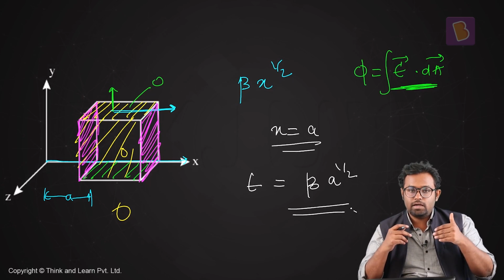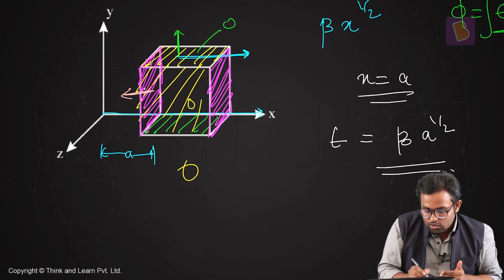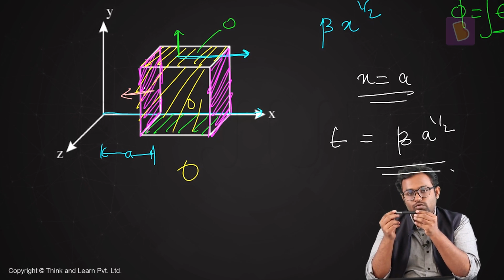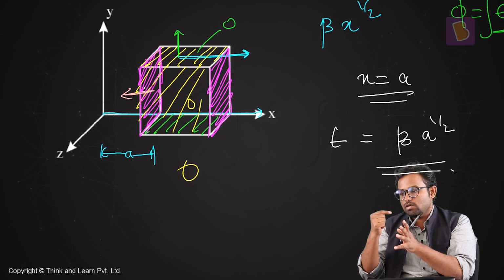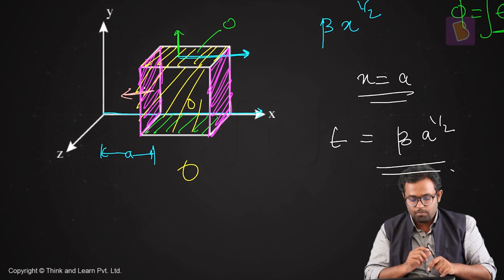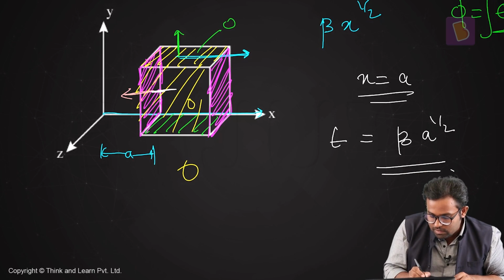And the area vector, the normal, is always in the direction of the outward normal, we call it. If you have a closed surface, it is away from the closed part, so it is called an outward normal. And the electric field is in the other direction, in this direction.